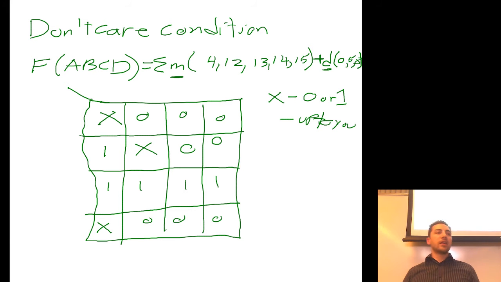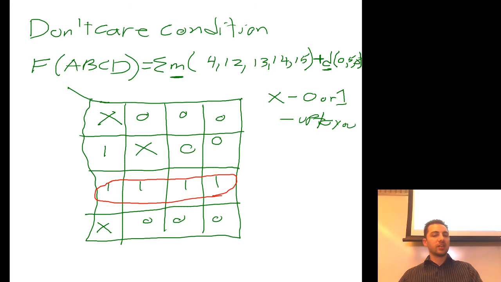Now here's where things get interesting. Our rules are still the same. We circle groups of 1s in either 16 or 8 or 4 or 2 until there are no 1s left uncircled, and we're always looking for prime implicants whenever possible, and we want to reduce the amount of overlap. So I think it's pretty easy to see that this is a nice group of 4 to circle, right?